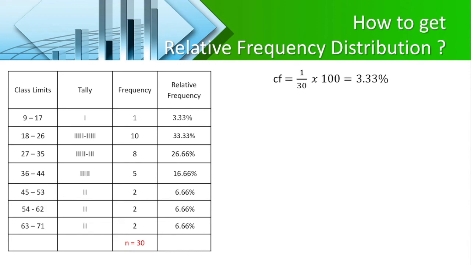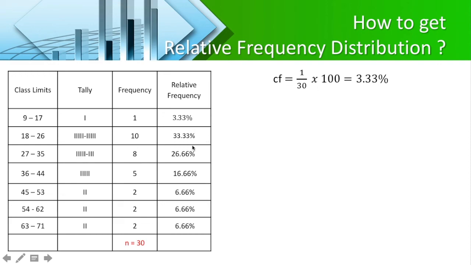So let's have the first. The first class limit frequency is 1 and the total is 30. So 1 divided by 30 times 100 is equal to 3.33%. I want you to limit your decimal places to 2.